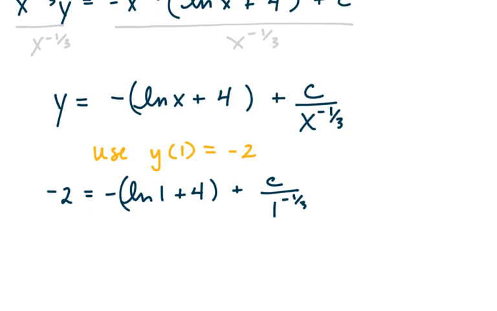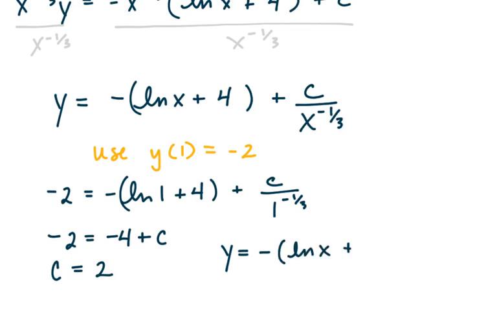Simplifying that, the natural log of 1 is 0, so I've got negative 2 equals negative 4 plus c, and we end up with c equals positive 2. So my particular solution in this situation is y equals negative the natural log of x plus 4 plus 2 over x to the negative 1/3 power.